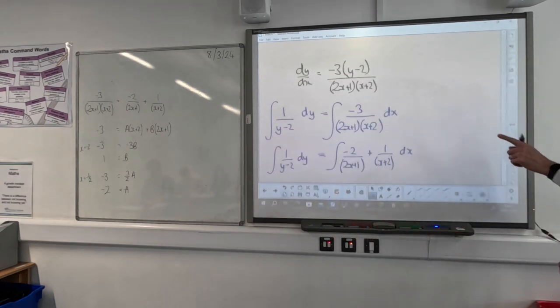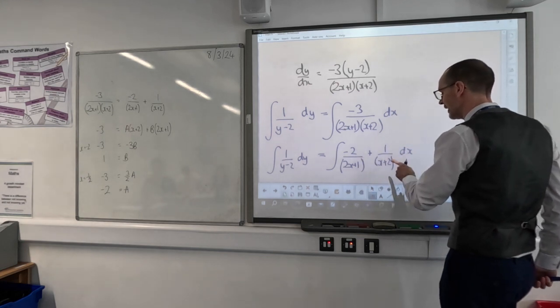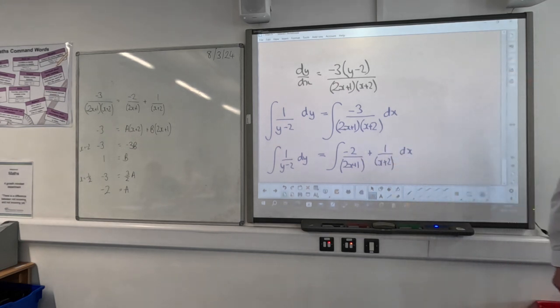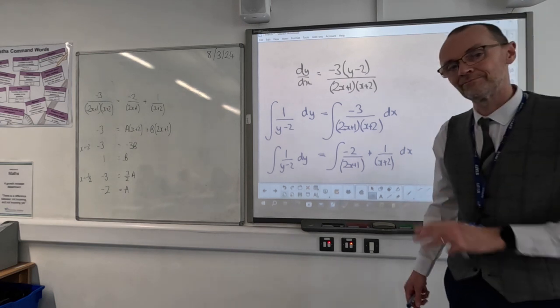The left-hand side, the dy, is going to turn into an ln, and then you're going to have an ln here, an ln here, and therefore it probably makes sense to write your constant in terms of ln. So go on, see if you can end up in this example with a y equals equation. See if we can get it as far as y equals.